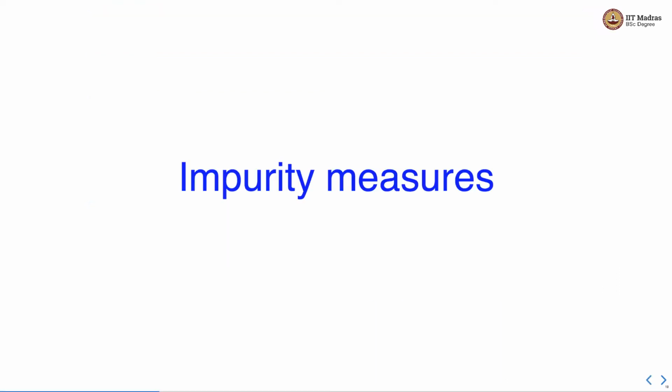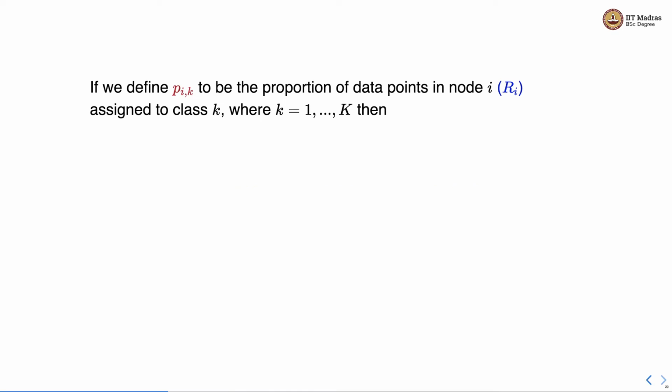Let's look at the impurity measures that we use at each node for deciding on the split. If we define Pik to be the proportion of data points in node i or in region Ri with class label k, and this k could take one of the values from K different class labels.